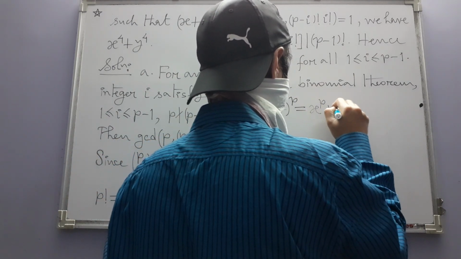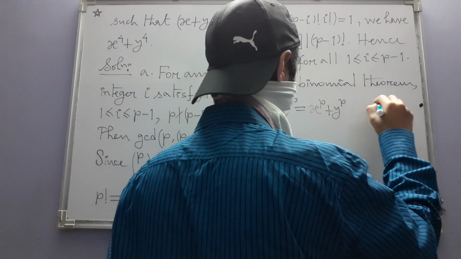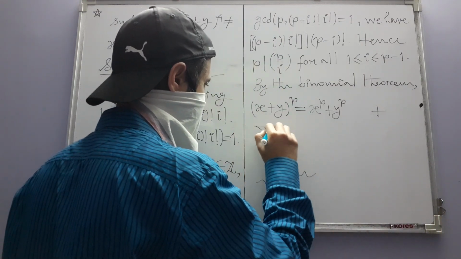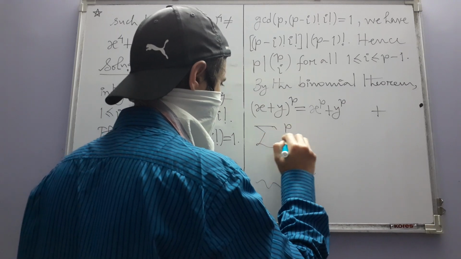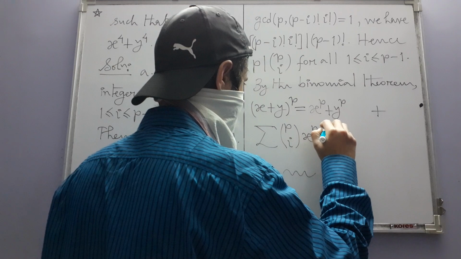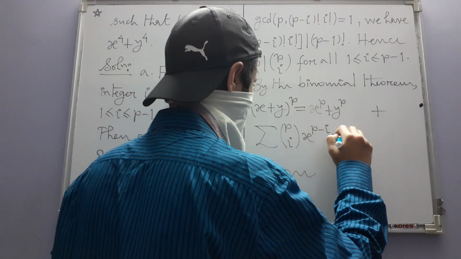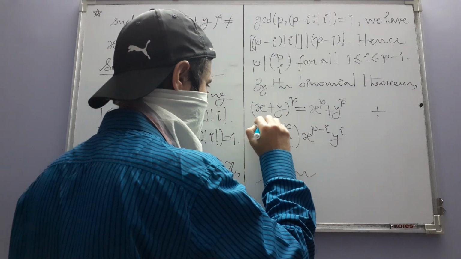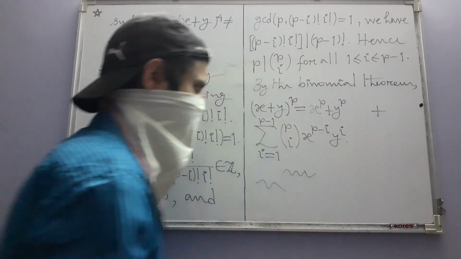x to the power P plus y to the power P plus the summation of P choose I times x to the power (P minus I) times y to the power I, where I varies from 1 to P minus 1.